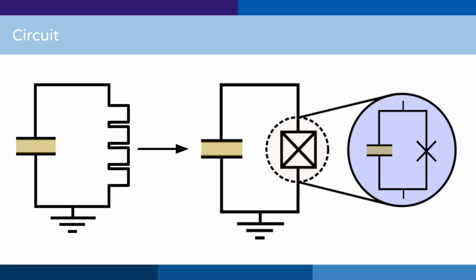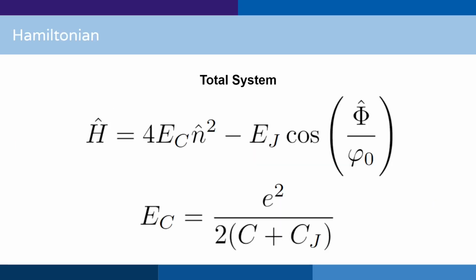And with all of this, we have something that is very well known as a transmon. So now the total system is, taking into account the system before, the LC oscillator, but we just change the inductive part, and the capacitance part is the sum of the two capacitance terms.